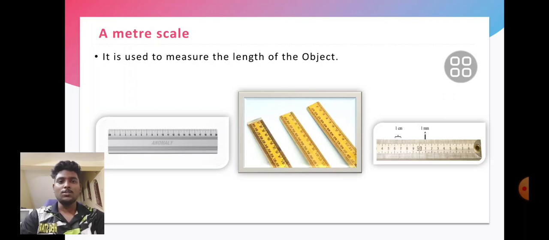In our schooling, we study these basic measurements at the elementary school level with the help of this meter scale. So it is the very basic measuring tool in our elementary level education.